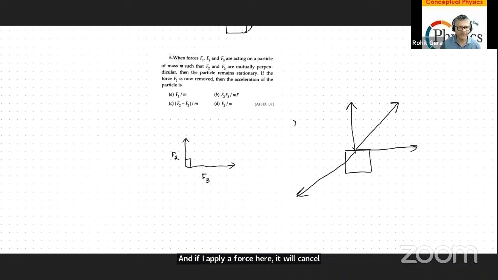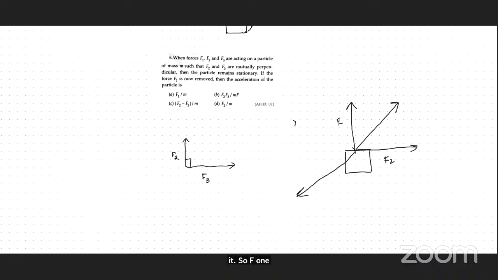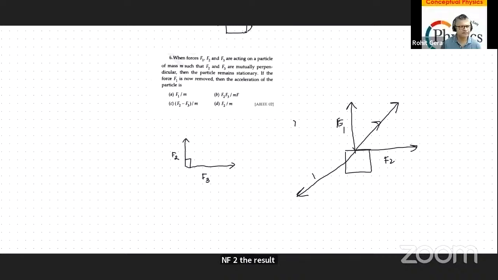So F1 and F2, the resultant is this. F2 and F3 are mutually perpendicular, which means if you get a resultant of both of them, which is under root of F2 square plus F3 square, then what is this? F1 is equal to what?